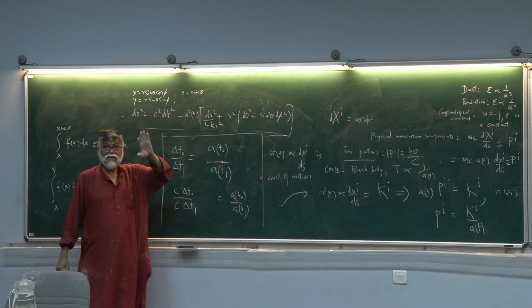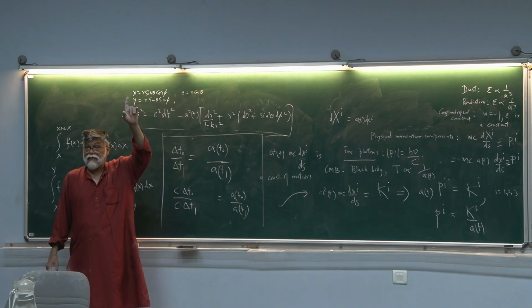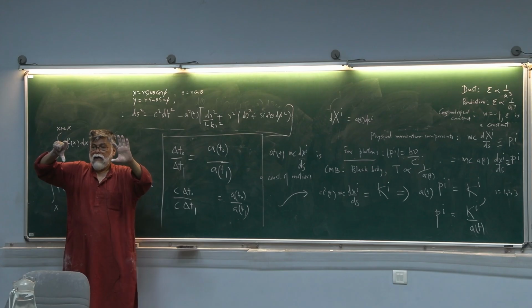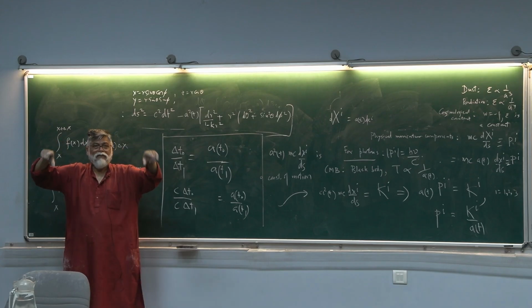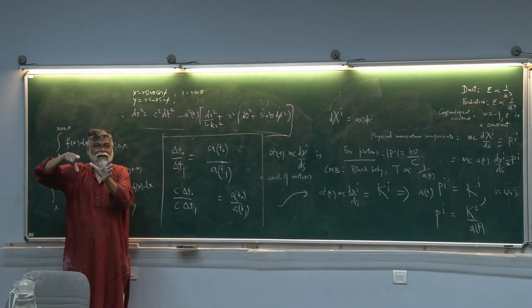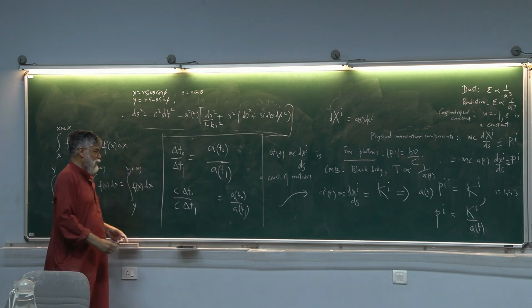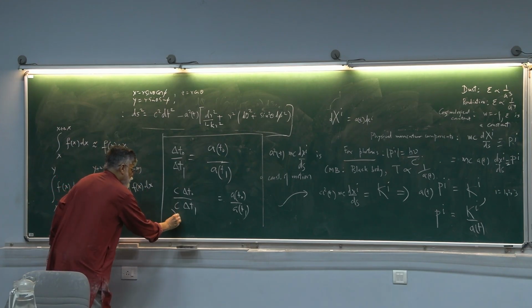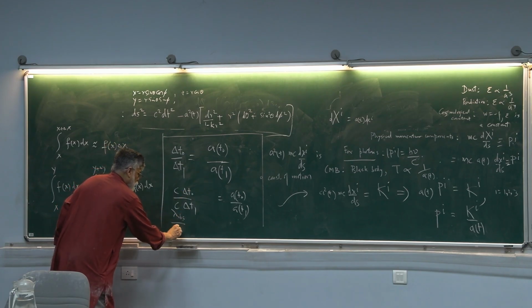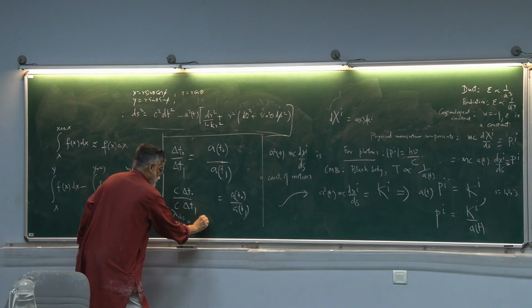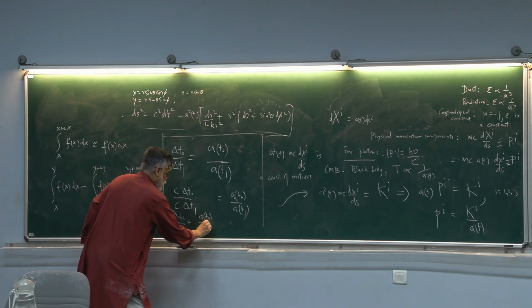If it is a light wave crest, it is the wavelength. Because if the gap between two wave crests is delta t, C into delta t gives me the wavelength of the light. So I have got the result that the observed wavelength, because C into delta T0 is the observed wavelength, by the emitted wavelength is equal to A of T0 by A of T1.